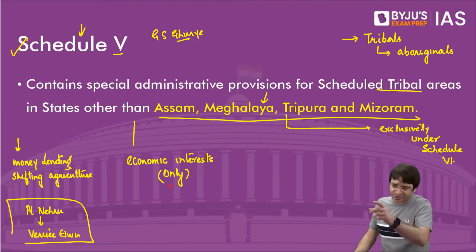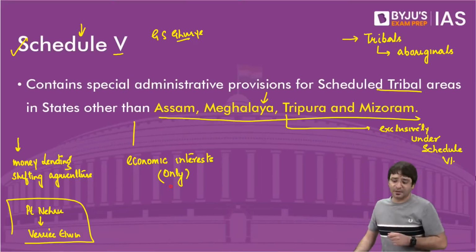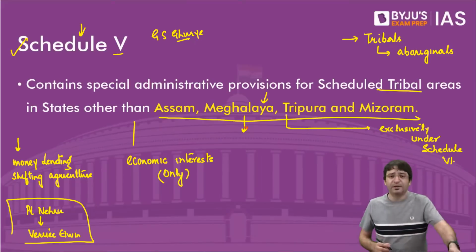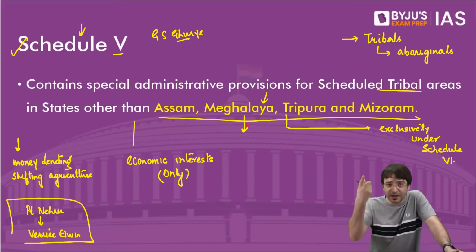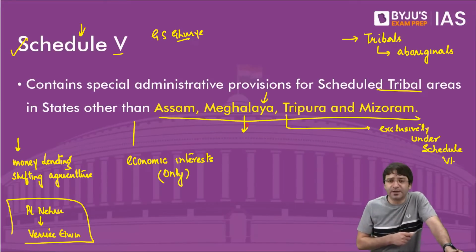But so far as tribals of Assam, Meghalaya, Mizoram, and Tripura are concerned, for example, in Meghalaya, we have three different tribal groups: Garos, Khasis, Jaintias. These are also the three hills in Meghalaya, which is something I'm sure you would discuss in geography.